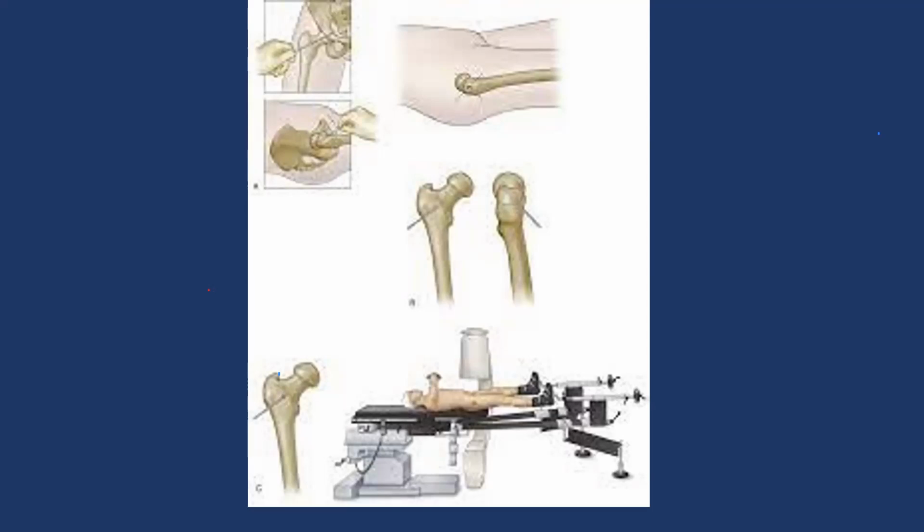Another warning sign: when you're putting pins inside, you should not go at all below the lesser trochanter. Why? Because we have experienced fractures in that area following pin insertion and follow-up of the patients.